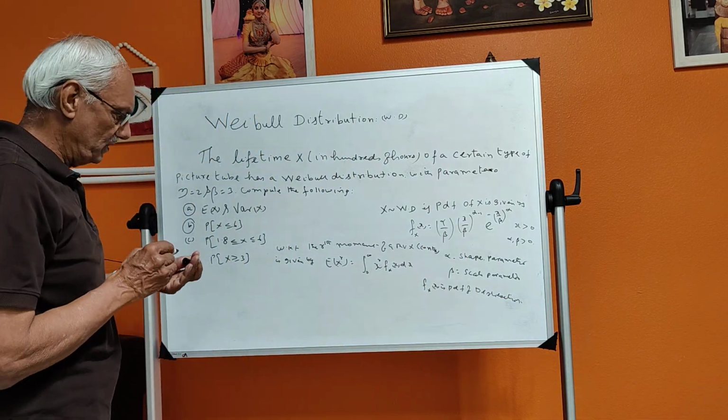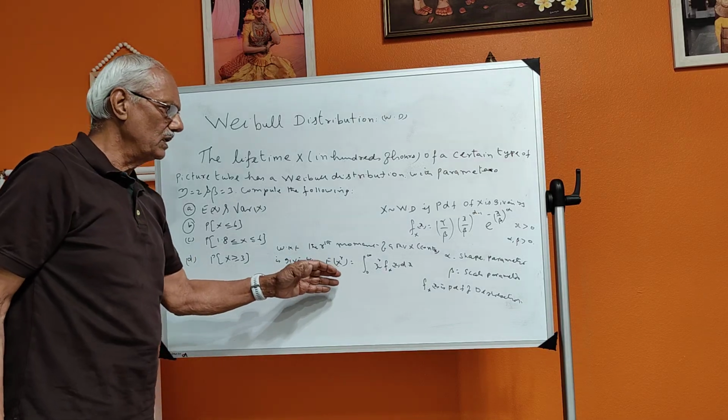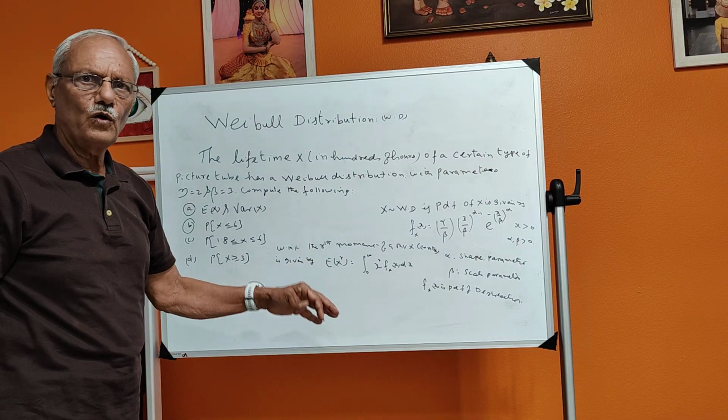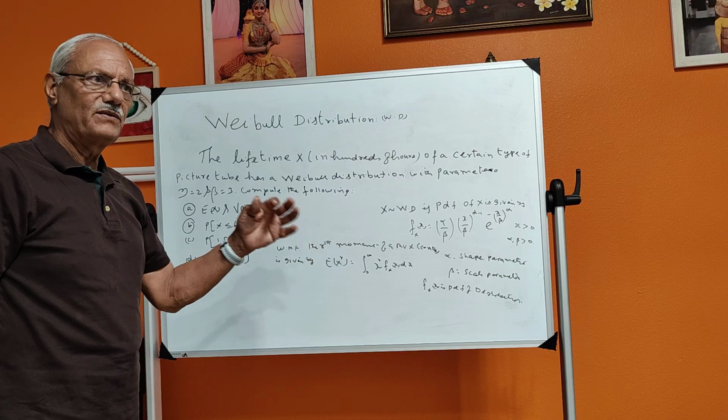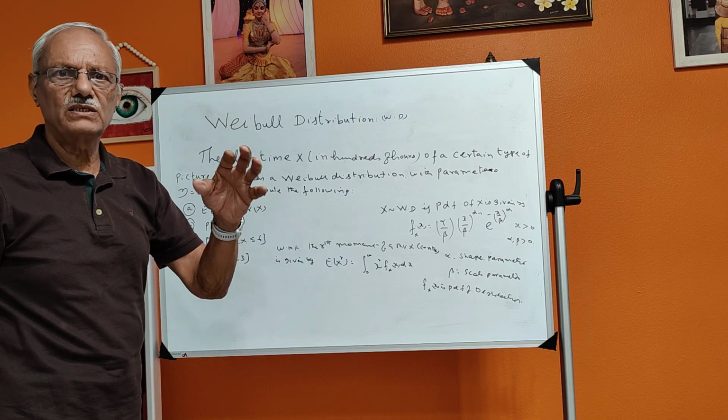So this is the definition of the rth moment of a random variable that follows a continuous distribution.